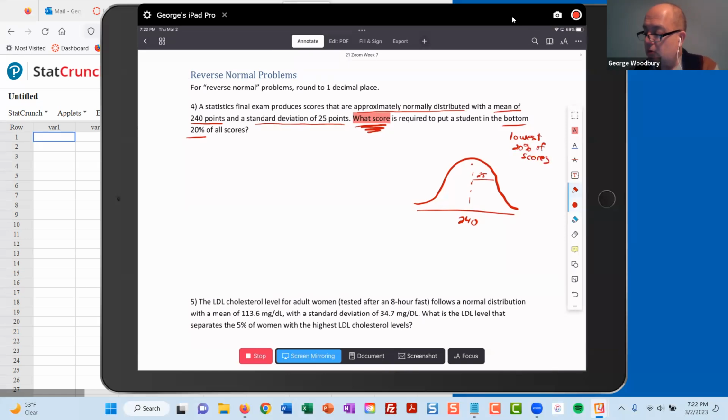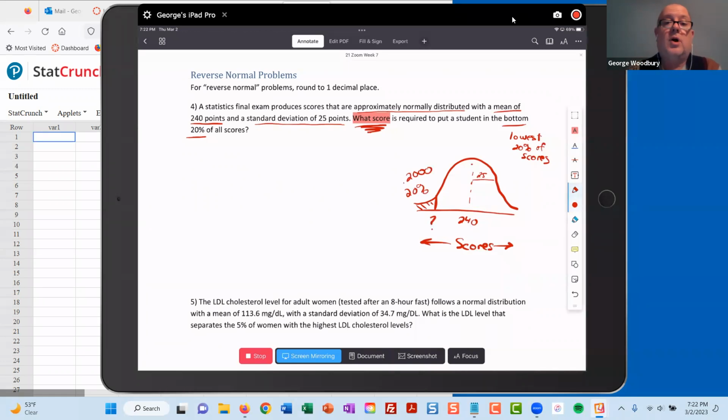So if we think of this number line as representing all the scores, the lowest scores will be the ones with the lower numbers on the left-hand side. So this area is 20% or 0.2. And what we're trying to find is the value that separates that grouping from the rest.